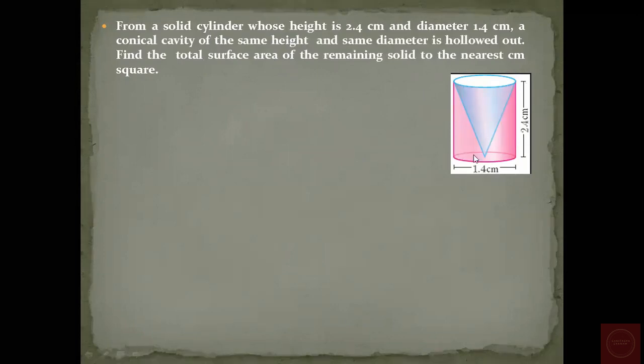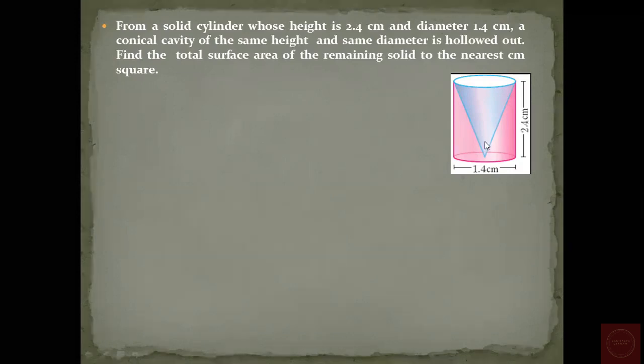Because this cylinder is a solid cylinder, we have to find its total surface area, or we can find the curved surface area plus the surface area of this circle, the base area, and the curved surface area plus here the curved surface area of the cone.